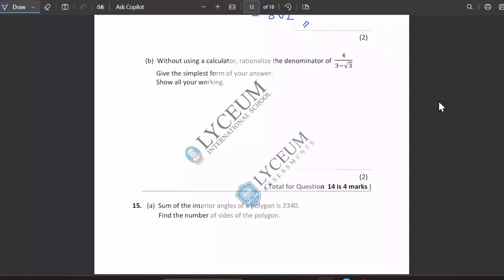Okay, now without using a calculator, rationalize the denominator of this, give the simplest form of your answer, and show all your workings.